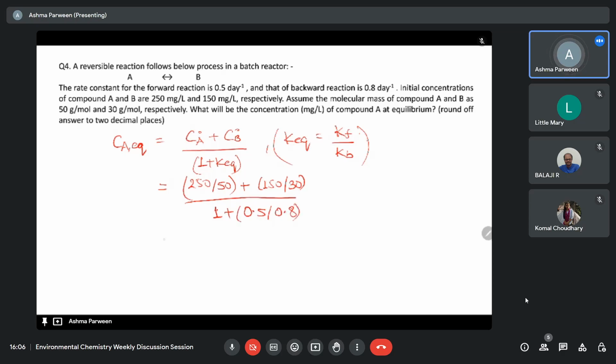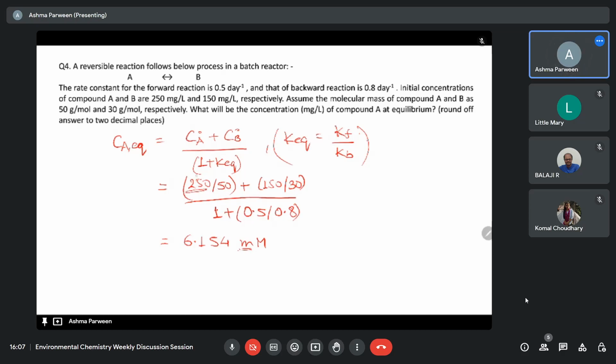After solving this equation, the final value will be 6.154 millimolars. I am using millimolars because the expression is given in milligrams per liter, not in grams per liter.